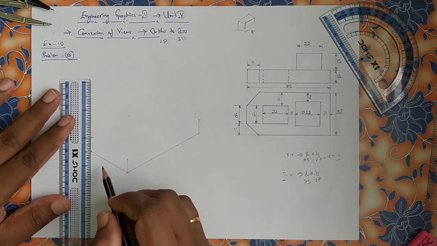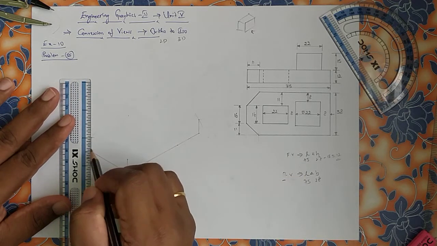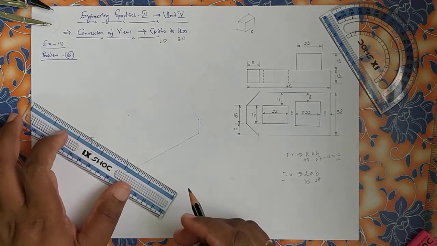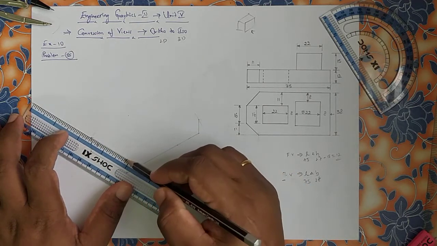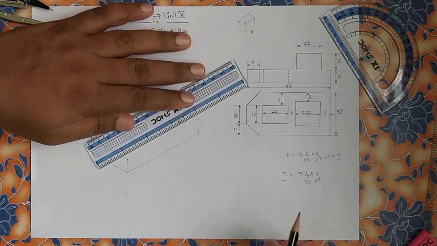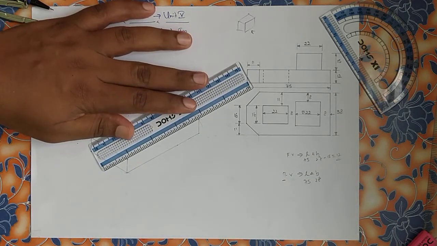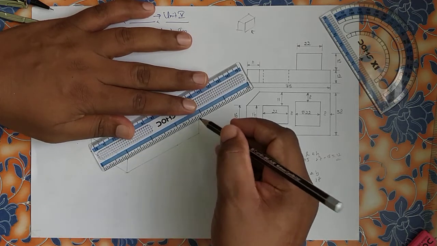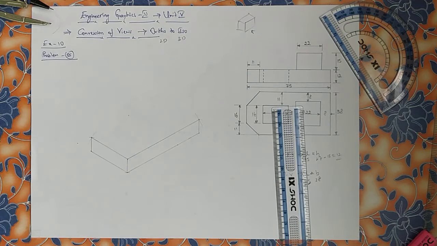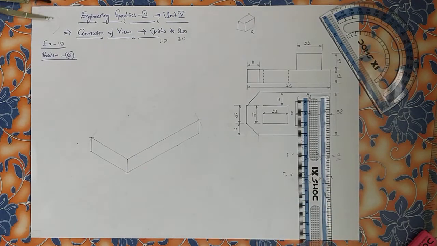See, all these problems we were already discussed with the guest lecture, conversion of views by Dr. G. Prabhakar Rao sir. I hope you all remember there we have used some papers, special kind of graph papers, in that we have inserted.